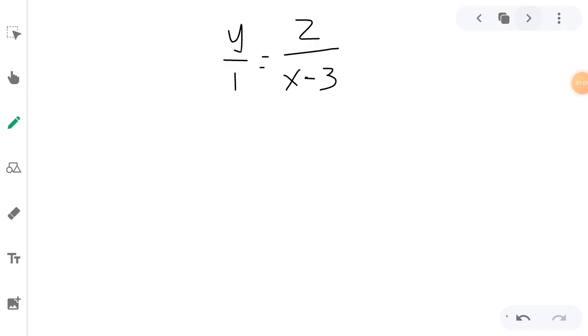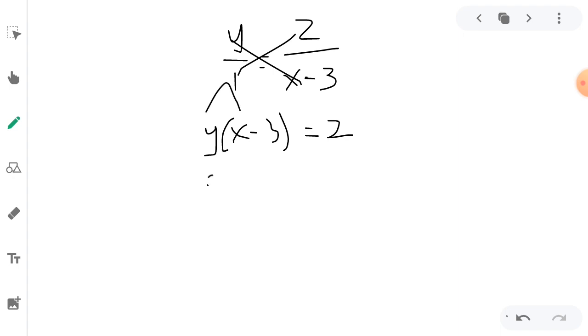Now let's do the cross multiplication. So y times x minus 3 is equal to 2 times 1, which is 2. We need to distribute this. y times x is equal to xy.